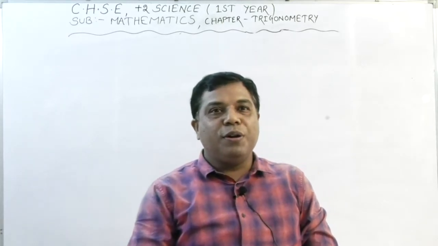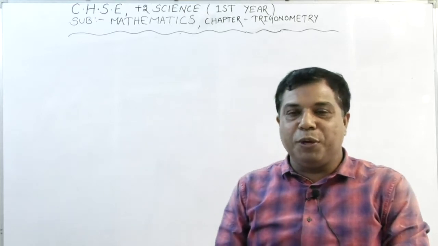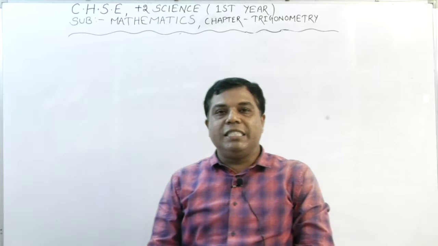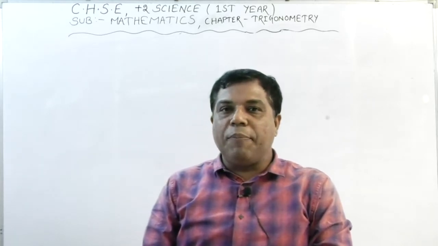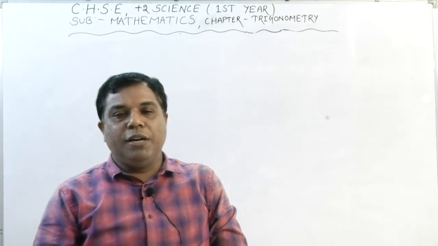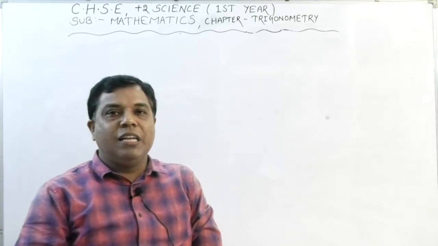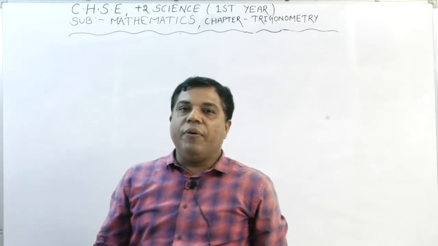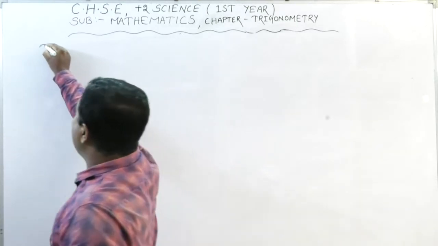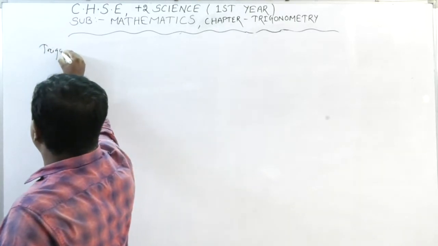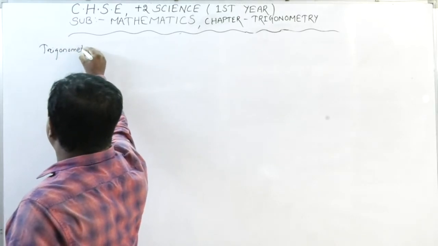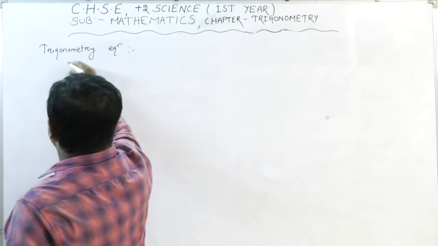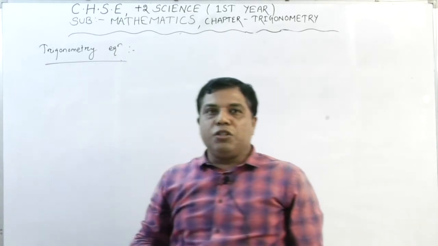Okay. So now dear students, today we are going to discuss some important concepts of the chapter trigonometry. In our previous class we discussed the general solution of a trigonometric equation, and we saw that a trigonometric equation has many solutions.